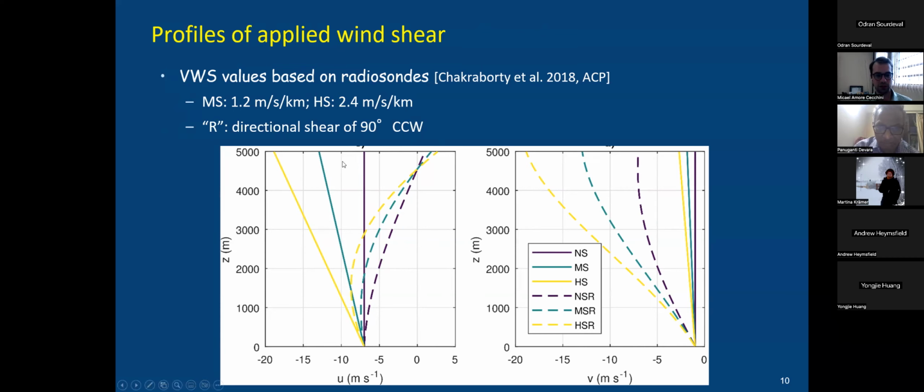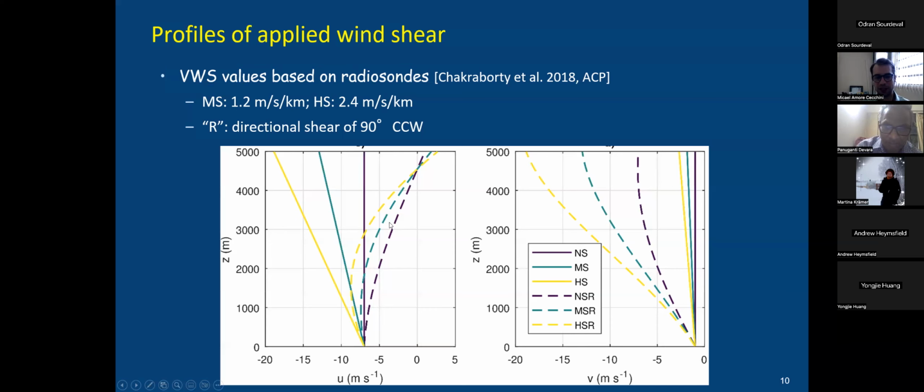And then the continuous lines here, the MS case, medium shear case, I add 1.2 meters per second every kilometer in height. So the wind is getting faster with height. And on the HS case, the yellow curves here, I add double that amount of wind shear, so high wind shear case.